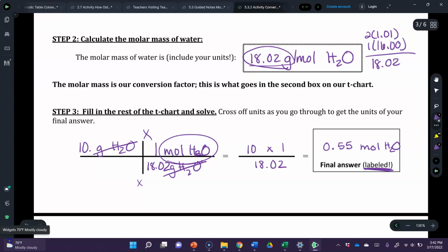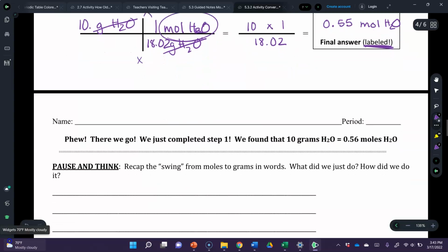Make sure you are fully labeling everything. Okay, so notice it's just walking us through step by step on how to fill things in, the entire thought process. It is a little repetitive, but it's to teach you.